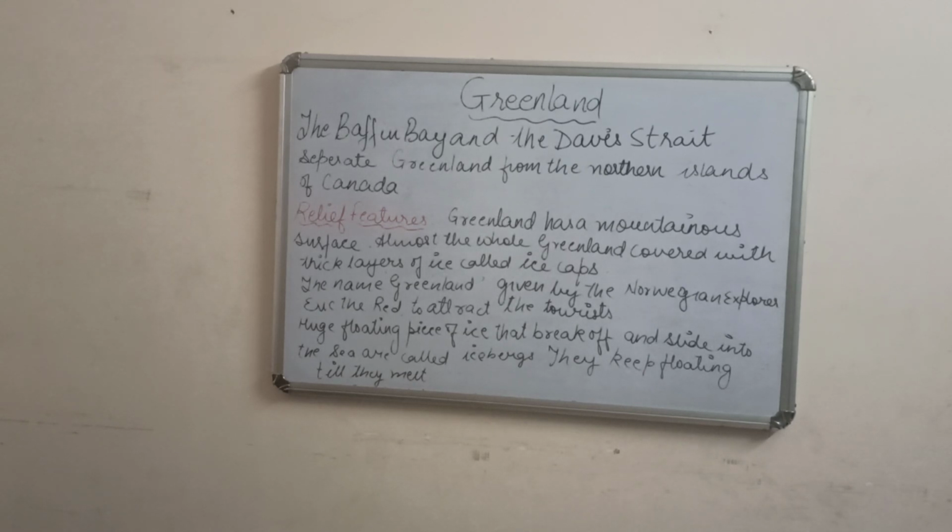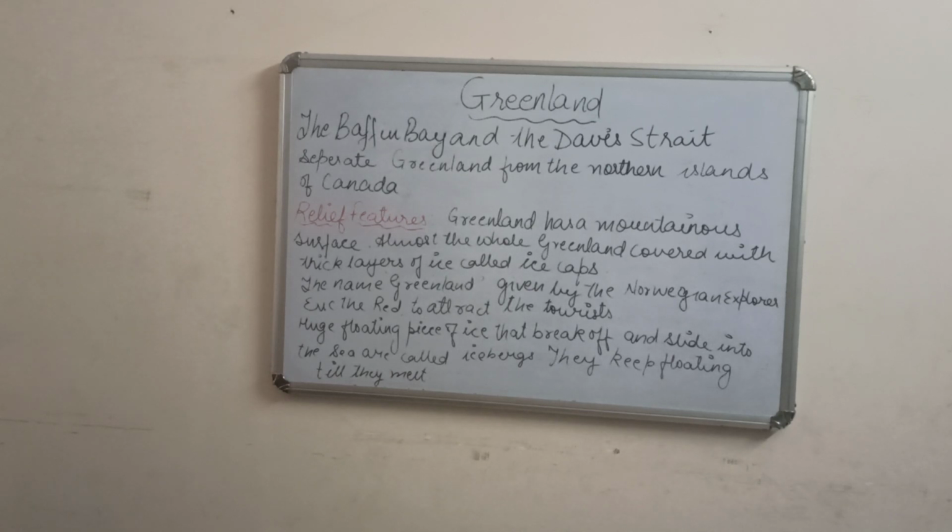Secondly, we can also say that this Greenland otherwise looks white. But why does it look white? It looks white because 80% of its area remains covered with ice and snow throughout the year.